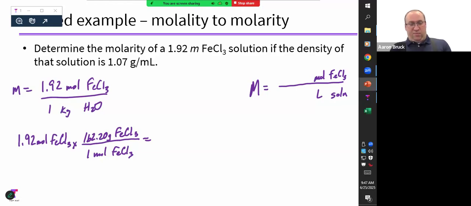I multiply that by the 1.92, and I get to 3 significant figures, 311 grams of iron 3 chloride.